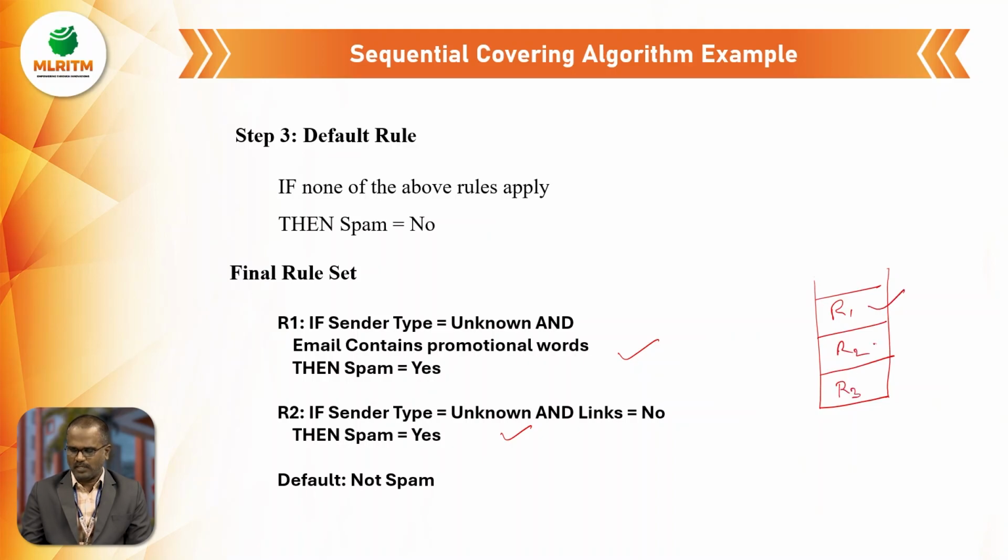R1 and R2 cover only positive examples. R3 is the default rule. If none of the examples satisfy rule 1 and rule 2, then they belong to rule 3. In this way, a machine learning algorithm can use the sequential covering algorithm to learn sets of if-then classification rules from the given data set.